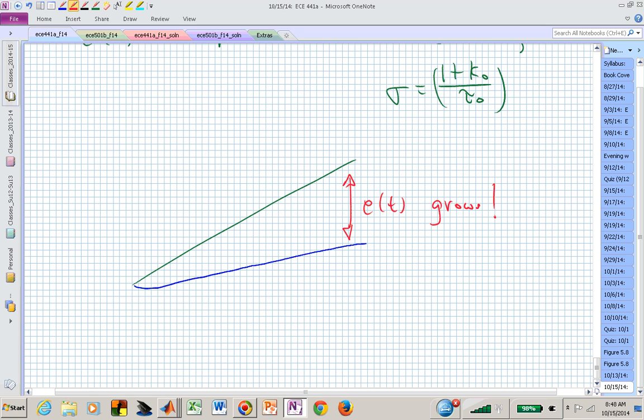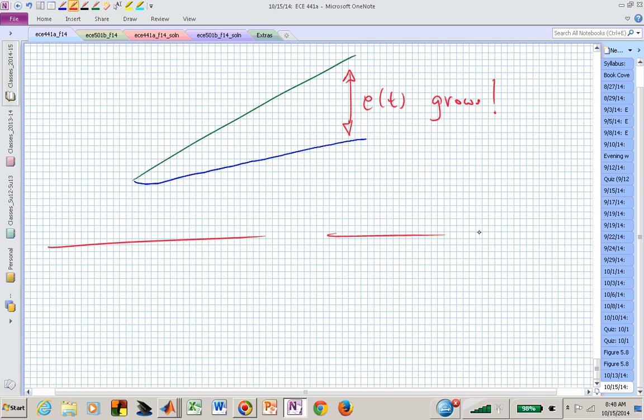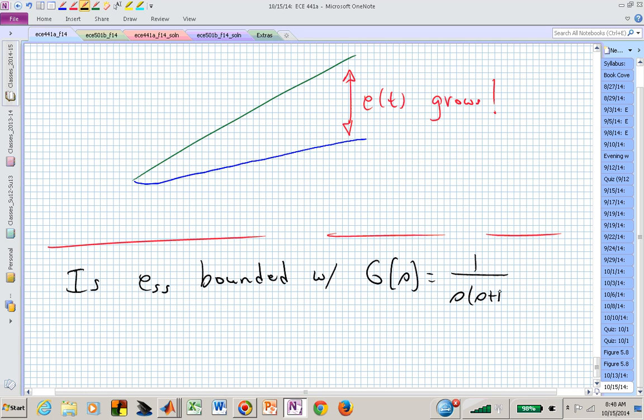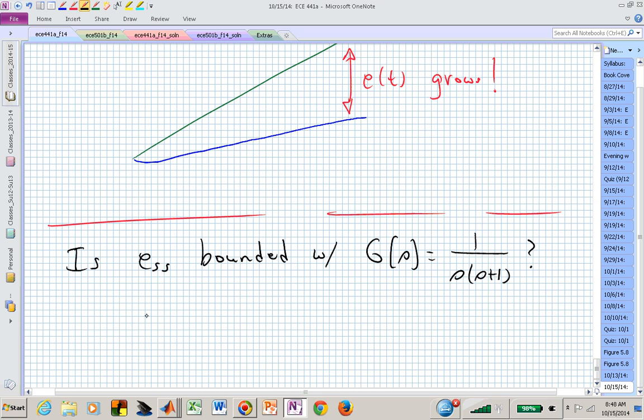What about our type 1 system? Does that do any better? Is the steady state error bounded with that beast, and we're assuming now still a ramp, let's say A over s squared.